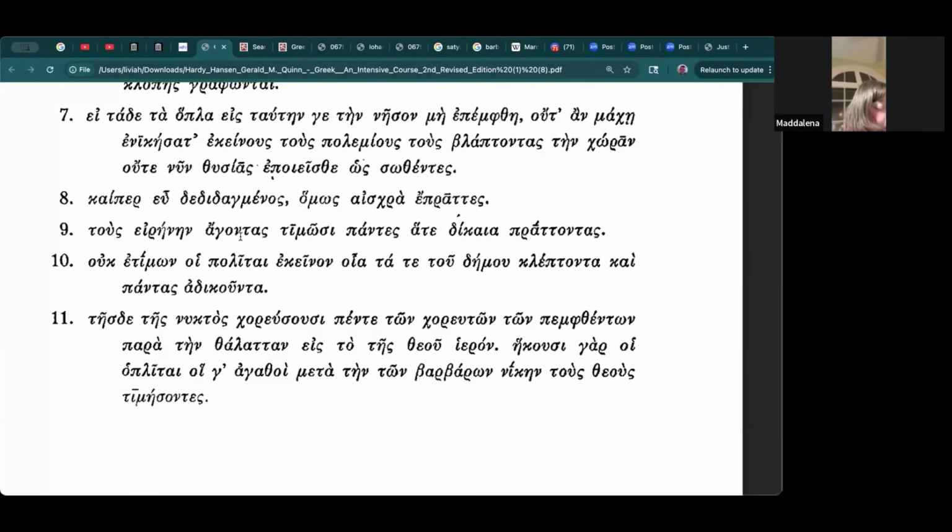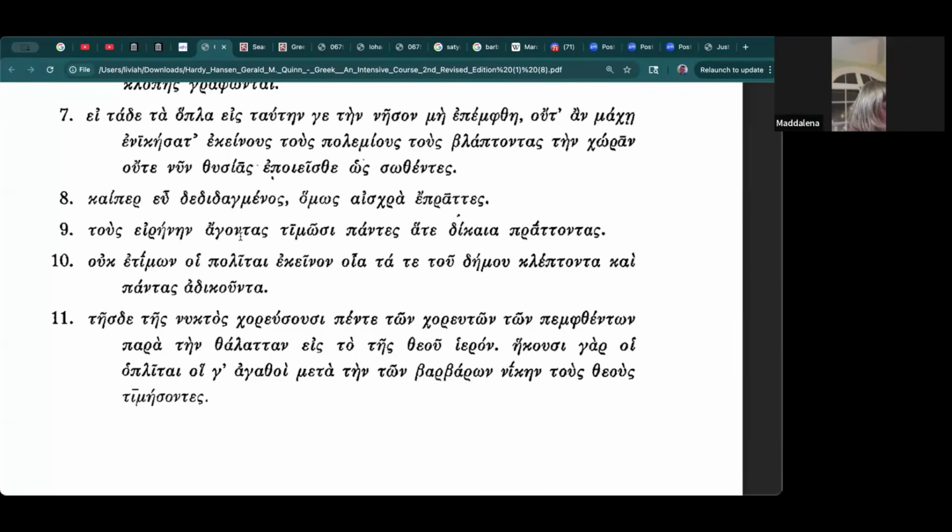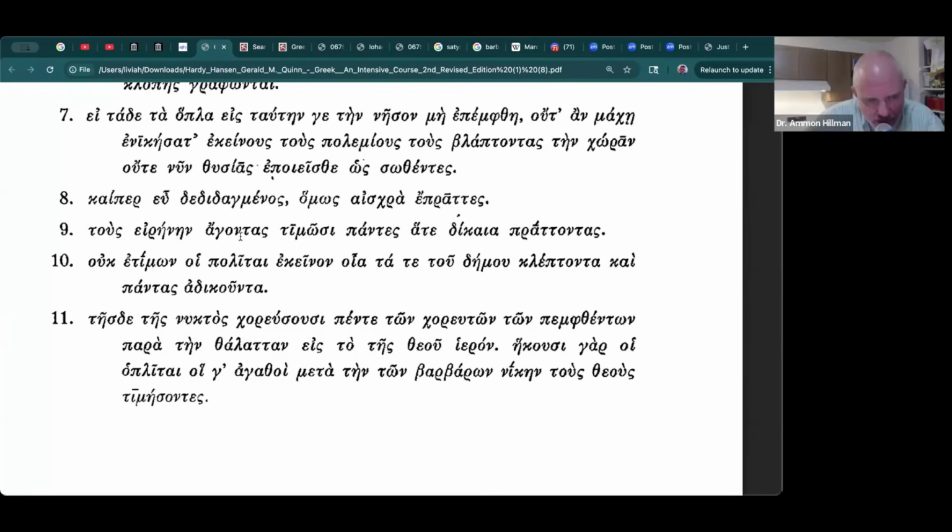Hate, justice is guarded, all guarded justice. So put the pantes hate. Where's your main verb? Is there something in the indicative in this thing?